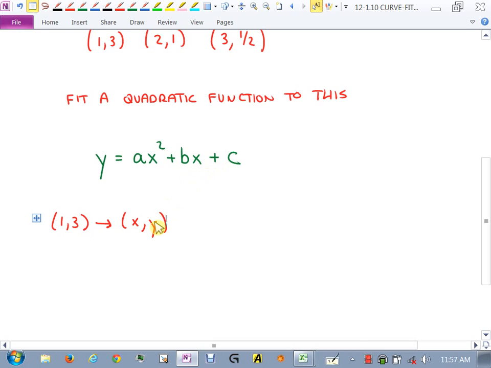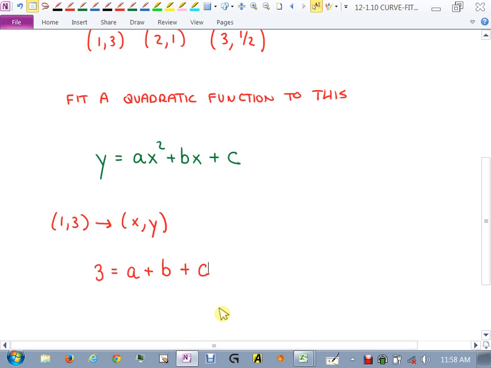Let's replace x with 1 and y with 3, and see what we get. So we get 3 equals 1 times a, so just a, plus 1 times b, which is b, and then plus c.